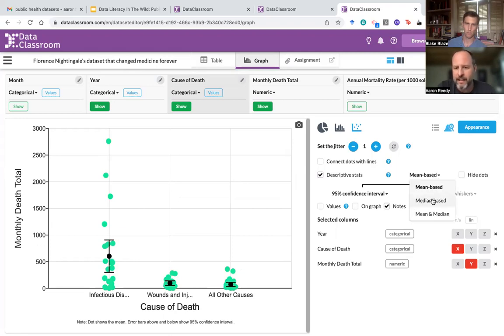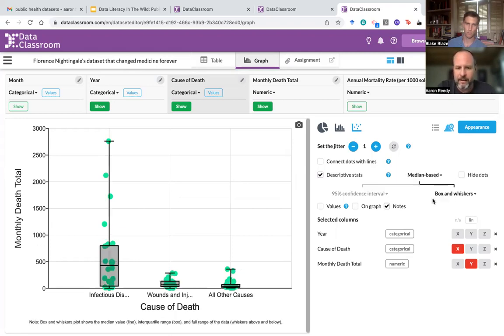For data that are kind of non-normal like these, I really like a box and whiskers plot, where the box is the interquartile range of the data, or the middle 50%, and the line in the middle of that box is the median. And so you can clearly see a higher median value for infectious disease there as a cause of death.